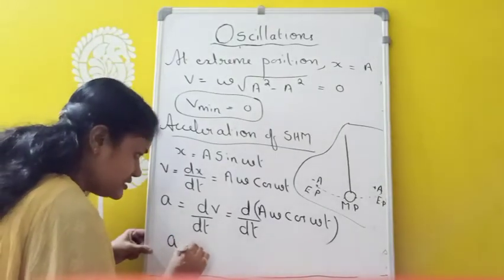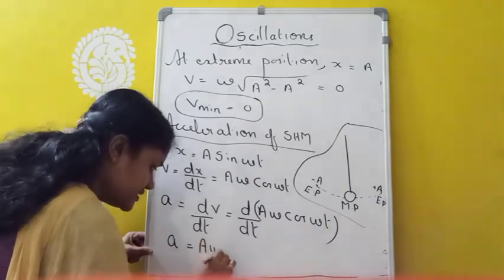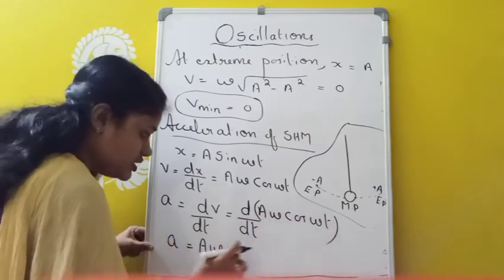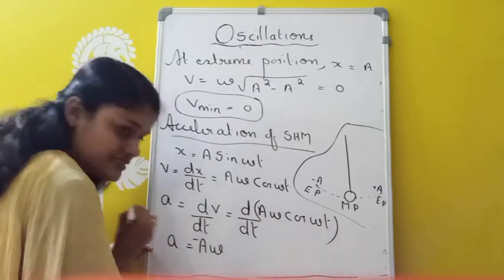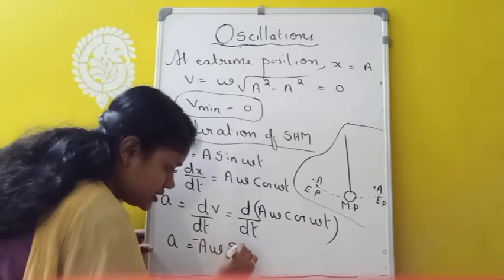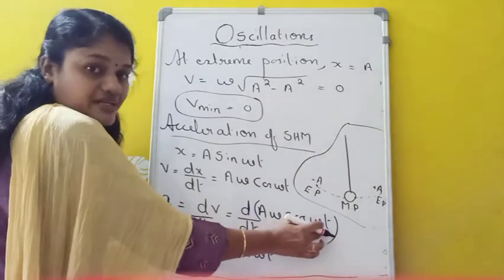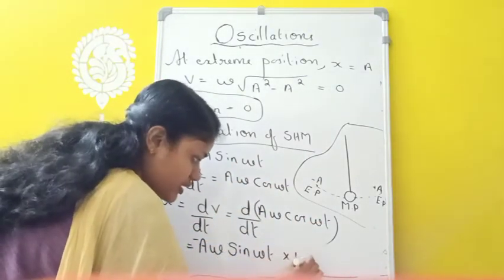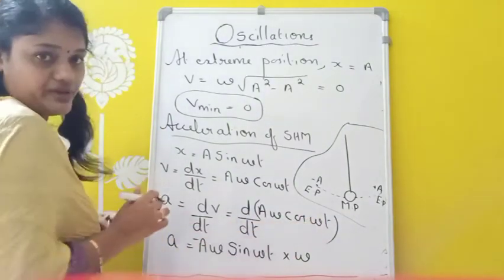Here a omega is a constant, so I am taking a omega outside, into the differential of cos omega t. The differential of cos omega t is minus sin omega t, so I am putting a minus here, minus sin omega t, into again the differential of omega t, which is omega. I already told you. So into 1 omega. Differential of cos omega t is minus sin omega t.